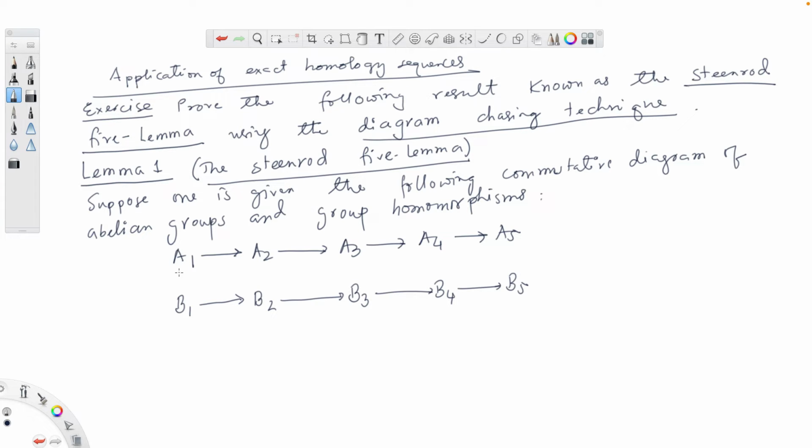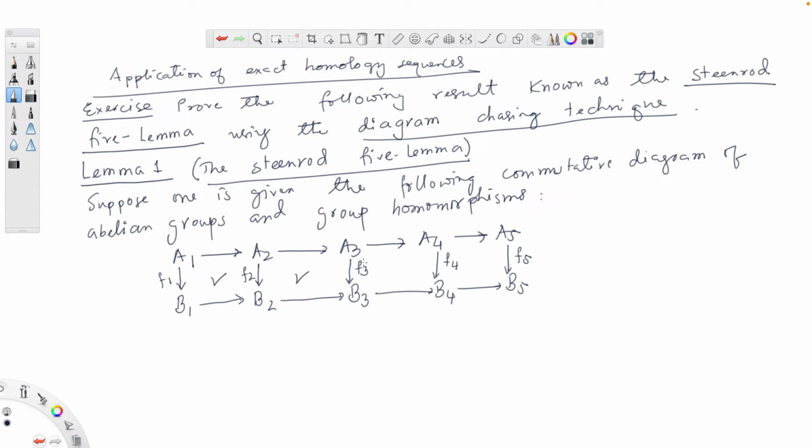Okay, and F1 is a group homomorphism from A1 to B1. F2 is a group homomorphism from A2 to B2. F3 is a group homomorphism from A3 to B3, and F4 is a homomorphism from A4 to B4, and F5 is a group homomorphism from A5 to B5.